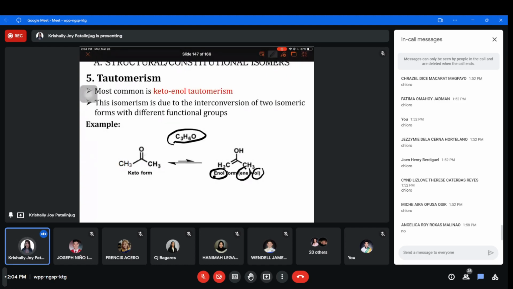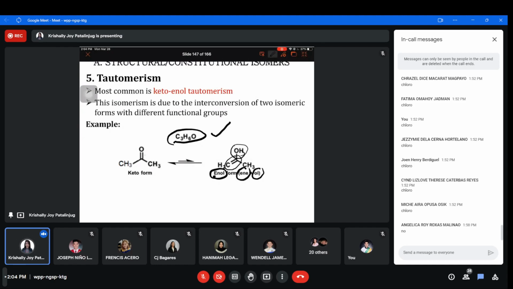Enol means a structure with an alcohol and a double bond. Double bond, ene is for the double bonds, di ba? Alkene.